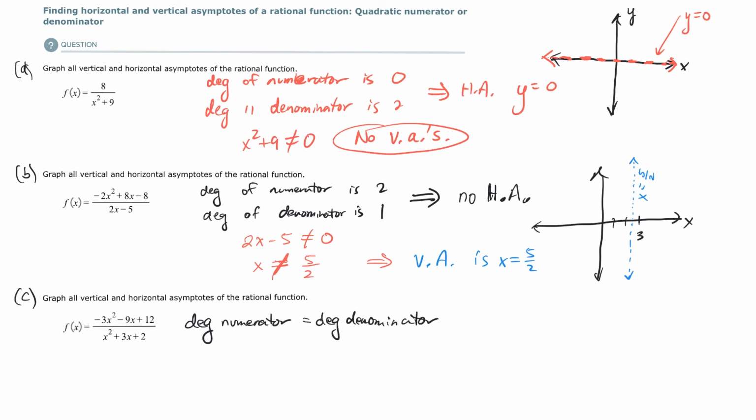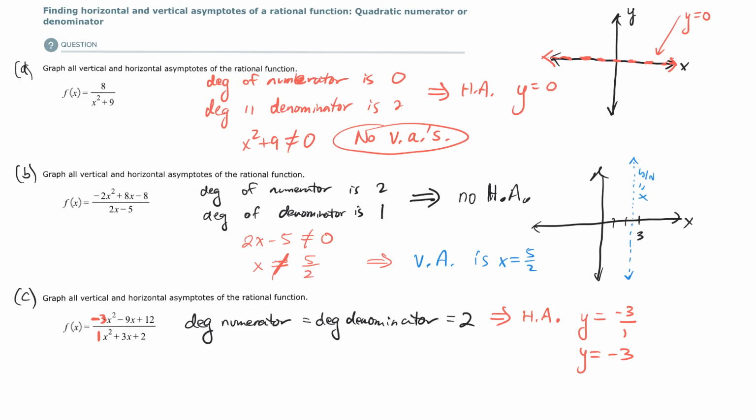You do get a horizontal asymptote. And in fact, it's just going to be the coefficients of the terms with the highest degree. So in this case, the horizontal asymptote is y equals negative 3 over 1, and of course that means y equals negative 3. Are there any vertical asymptotes?